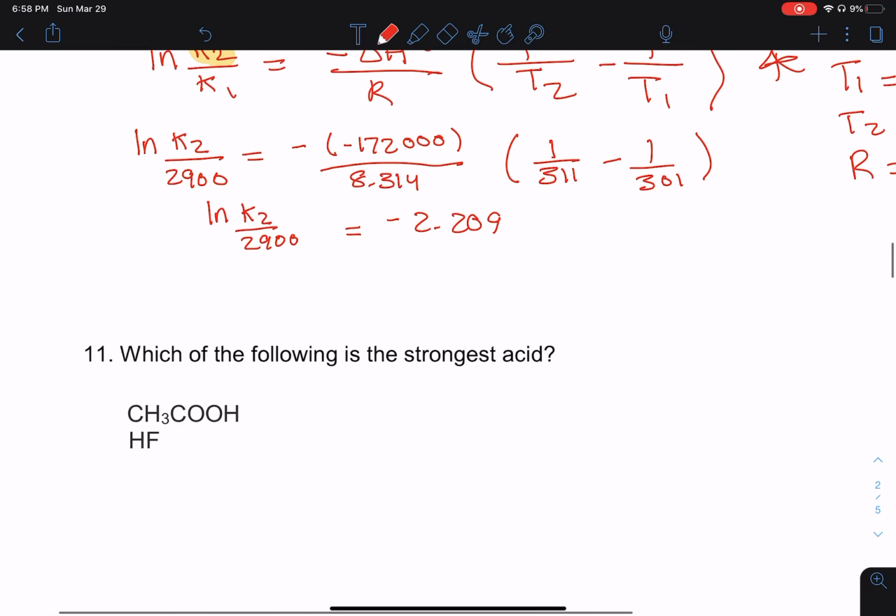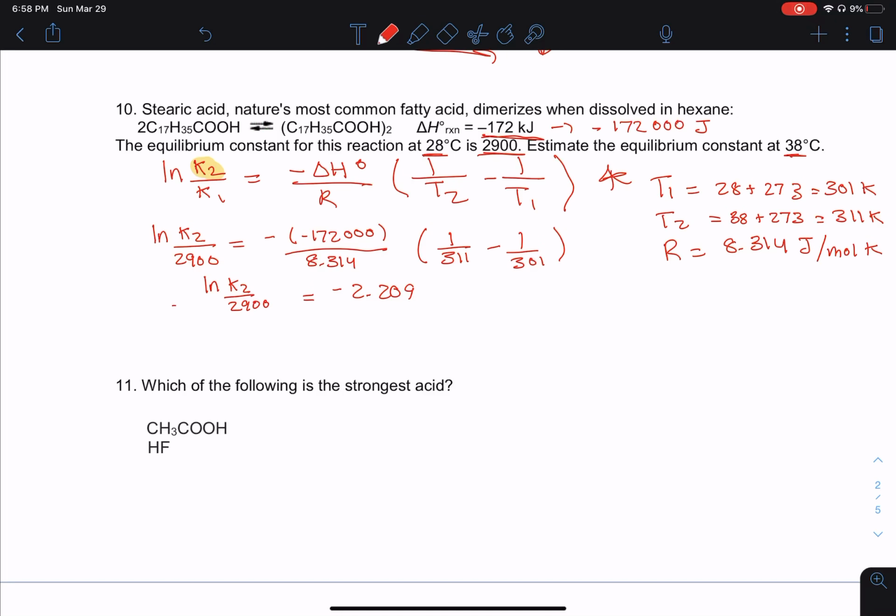And then to figure that out even more, we can raise e to both sides to figure out K2 and get rid of the ln. So in this case, K2 will be 318.